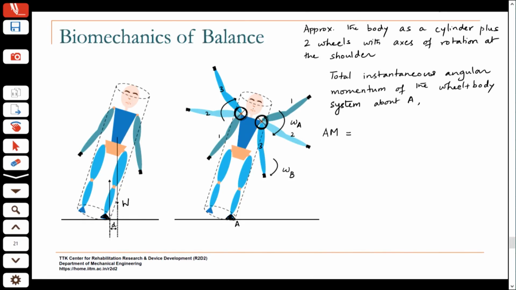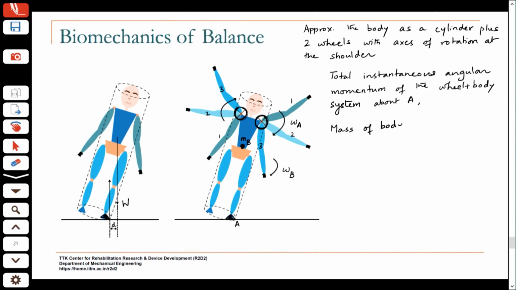Let us say this is MB, and the mass of the arms is MA. Let me just call each one MA by 2. The arms are approximated as wheels.